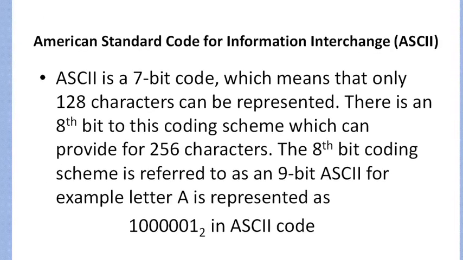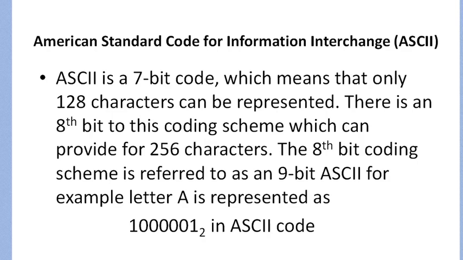Then we have the American Standard Code for Information Interchange, ASCII. ASCII, as it is read, is a 7-bit code, which means that only 128 characters can be represented. There is an 8th bit to this code scheme, which can provide for 256 characters.